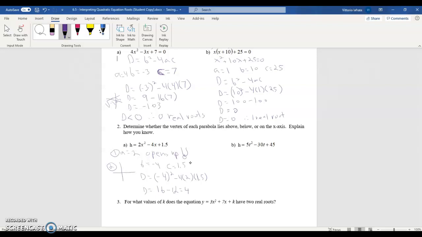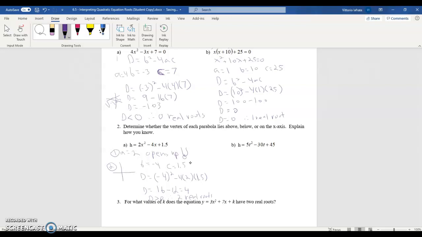So our discriminant is larger than 0. What that means is there are two real roots. So we know that our vertex opens from the top and that there are two real roots.